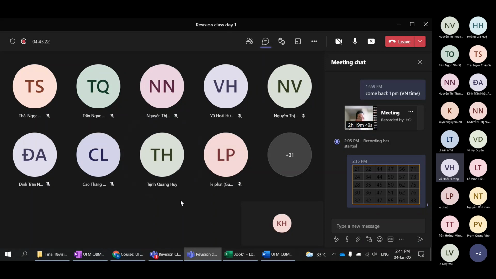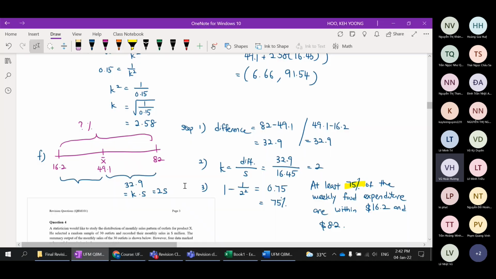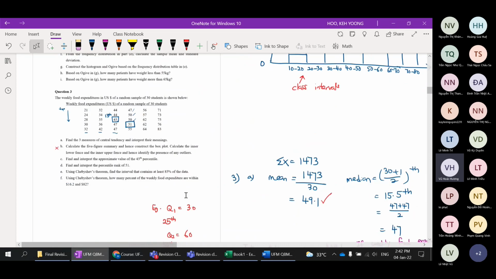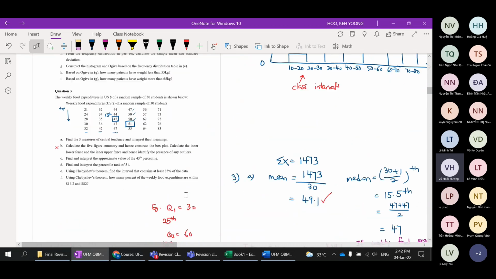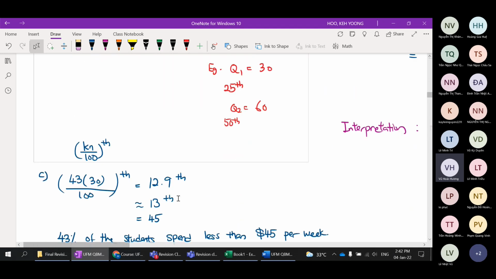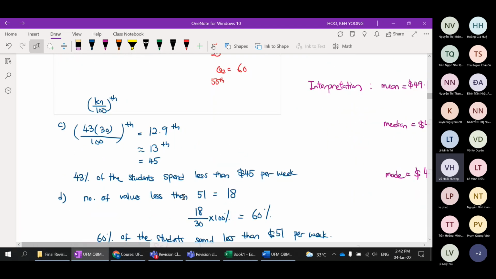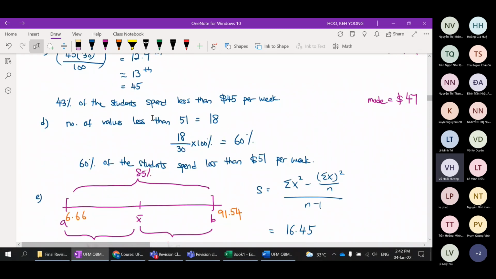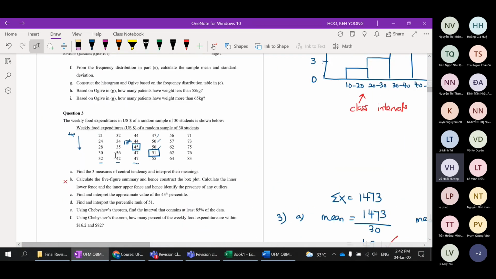Do you have questions for me, students? Sure, I wanted to ask one question, question D. I count the rank of 51, and this is the 19th, it's not 18. Sorry, which question, B or D? D, okay.